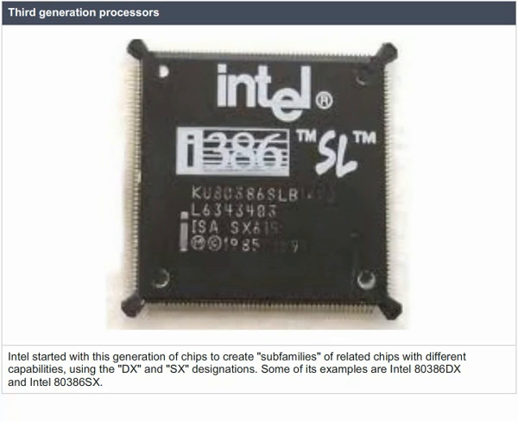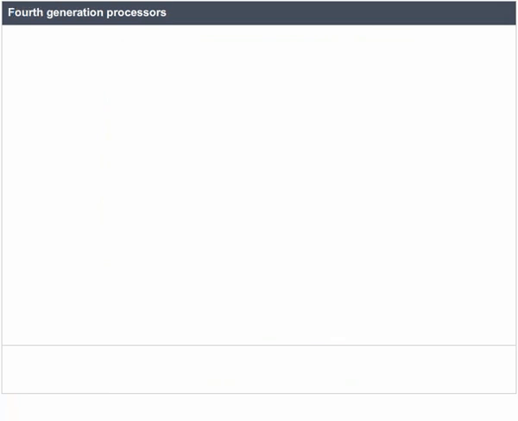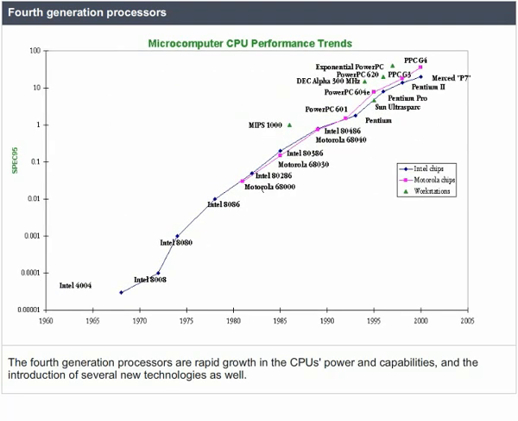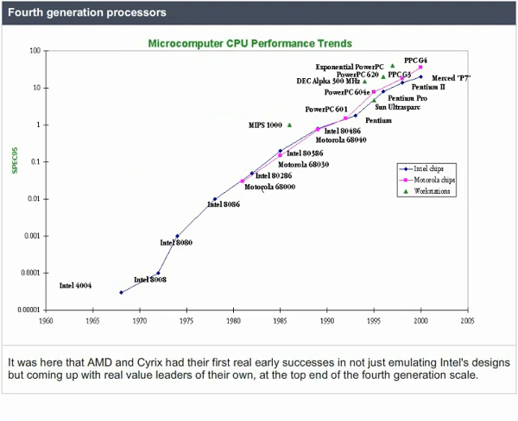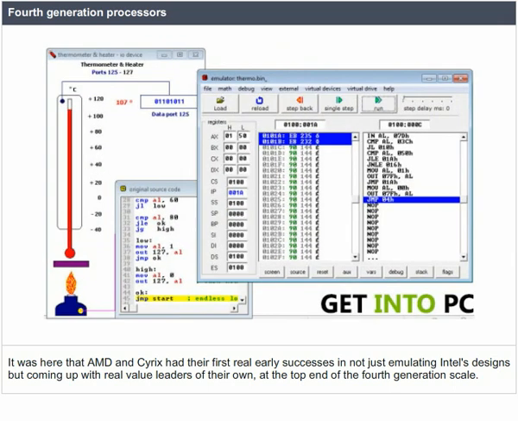Fourth-generation processors. The fourth-generation processors saw rapid growth in the CPU's power and capabilities and the introduction of several new technologies as well. It was here that AMD and Cyrix had their first real early successes in not just emulating Intel's designs, but coming up with real value leaders of their own at the top end of the fourth-generation scale.